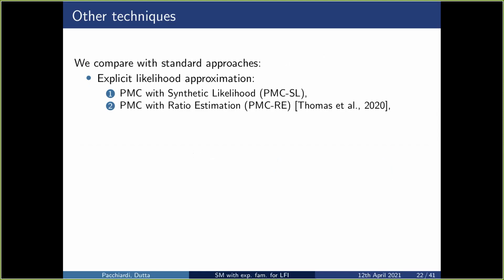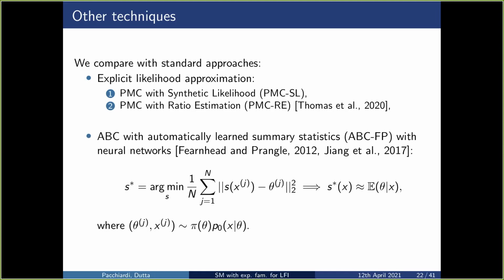We will compare, in the likelihood approximation paradigm, with the works on synthetic likelihood, PMC. We'll do population Monte Carlo using synthetic likelihood, and also population Monte Carlo with the ratio estimation works of Thomas et al., 2020. And in the ABC literature, as I mentioned, Dennis's work comes from the semi-automatic summary statistics learning.